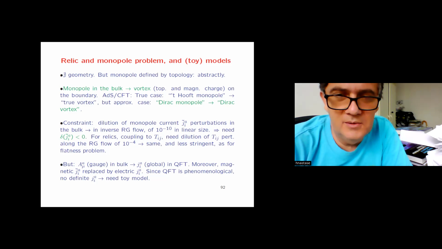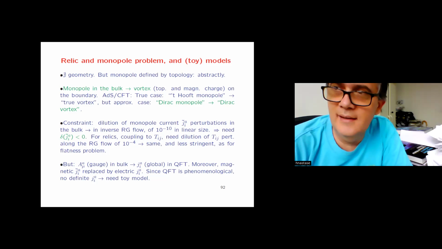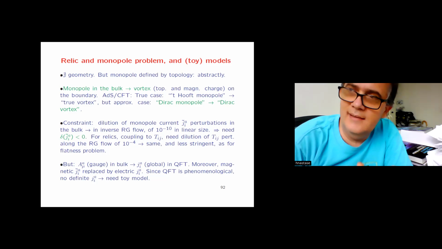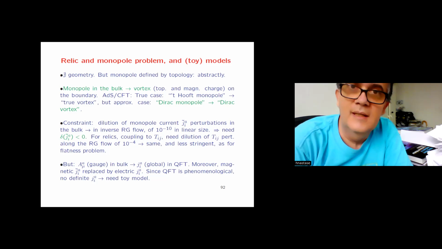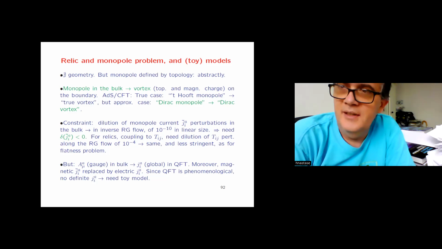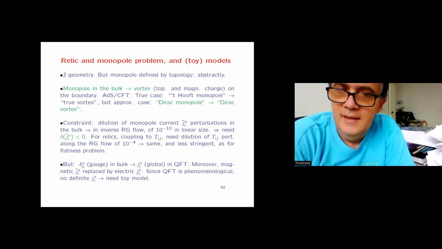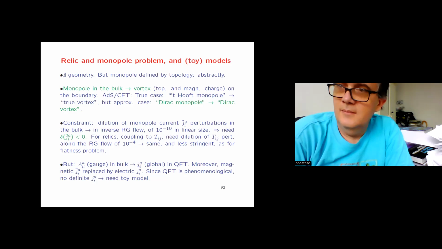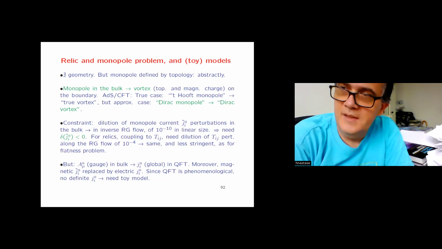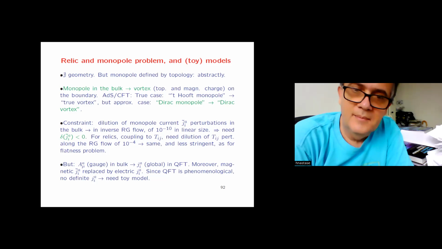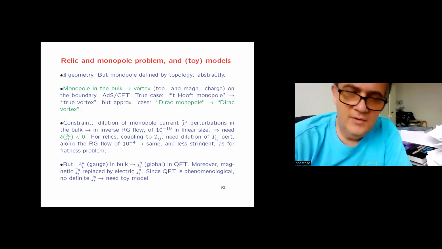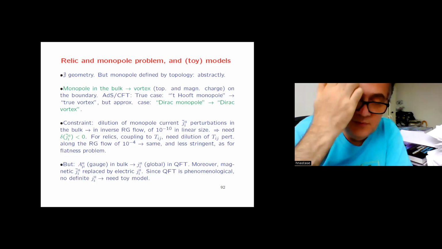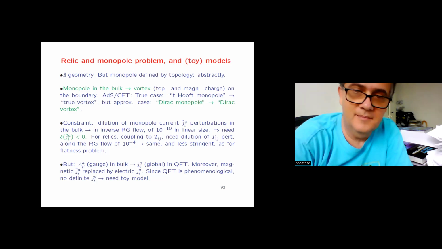But since I emphasized that the quantum field theory is phenomenological, I don't know how to define a symmetry current in a phenomenological theory, because it doesn't have a symmetry if it's arbitrary. So I need to consider a toy model, a model with some symmetry.